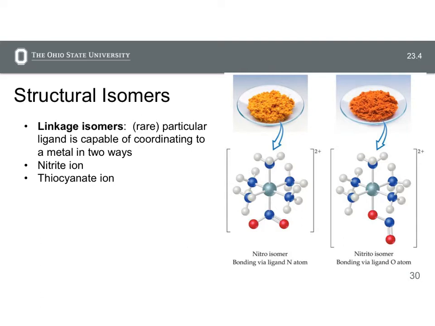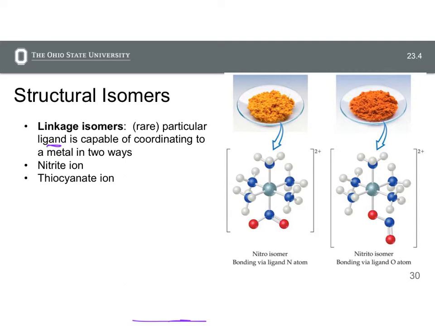So one type of structural isomer is a linkage isomer. It's a relatively rare type of isomer because there's only a few ligands that can form a linkage isomer. This is when a particular ligand is capable of forming a bond with a central atom in 2 different ways, or more than one way.